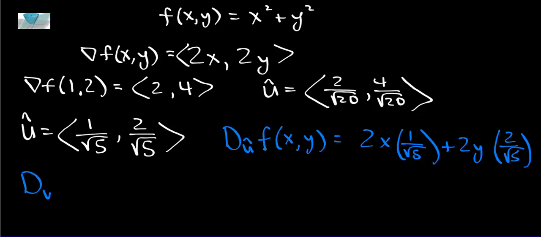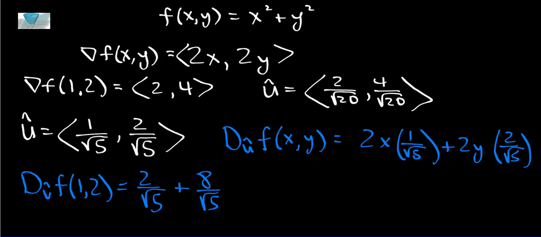And then I plug in the 1, 2, and we've got 2 over the square root of 5 plus, putting in a 2 for the y, I get 8 over the square root of 5. And that would be 10 over the square root of 5.